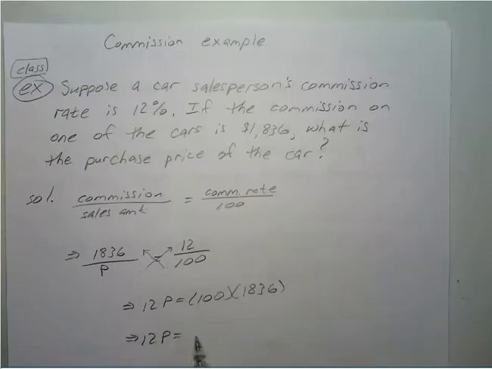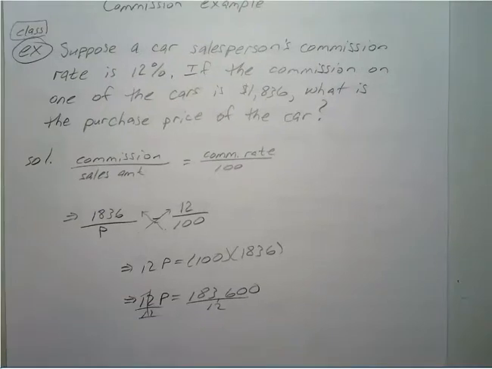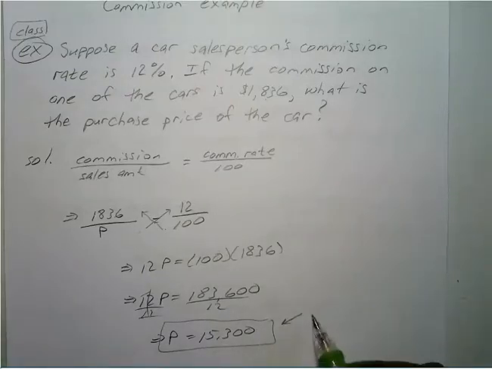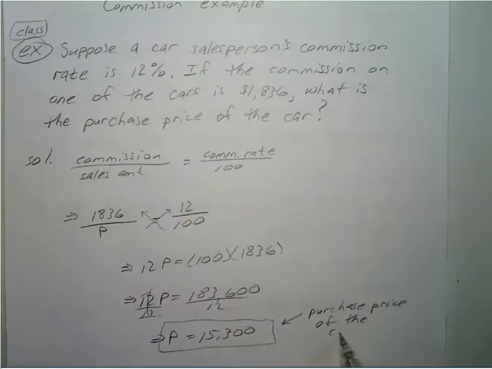So 12P equals 183,600. So if we divide both sides by 12 to isolate our variable, 12 divided by 12 is 1. So our sales amount, or purchase price, is equal to $15,300. And that's the purchase price of the car.